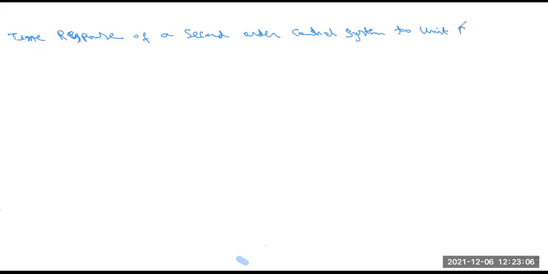So the topic is time response of a second order control system to unit ramp input function.